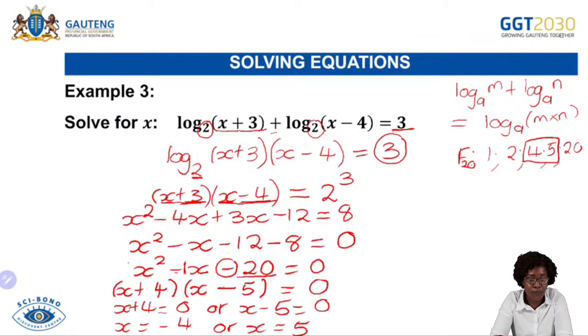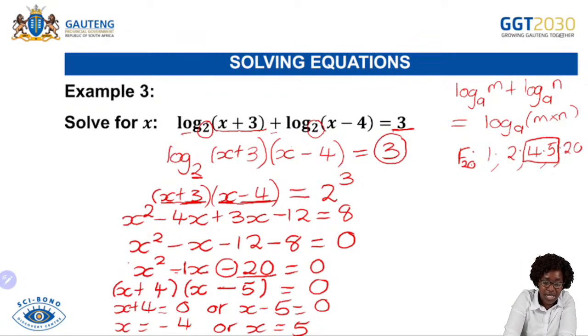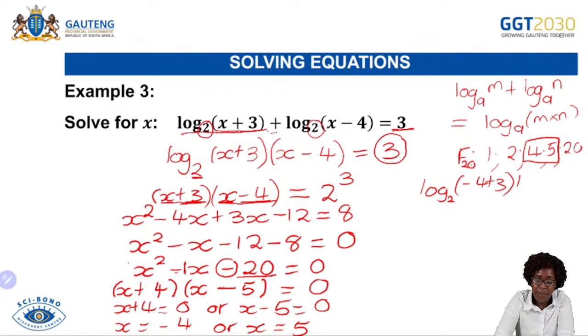But like I mentioned before, please make sure that you check your solutions to see if they are going to give you a correct solution. So when you quickly substitute into your expression, you are going to take your calculator and say the log of (−4 + 3) to base 2 plus the log of (−4 − 4) to base 2.